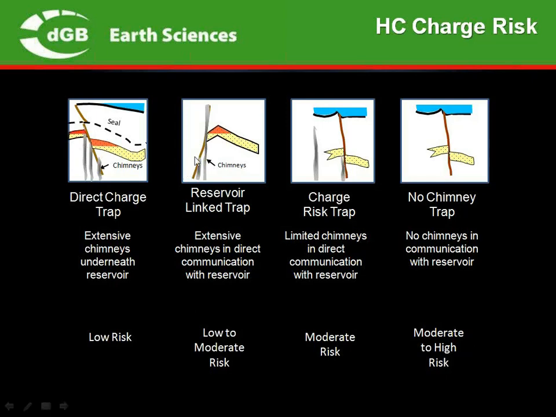Oftentimes too, we may see a reservoir that is linked to a chimney. Again, we can assign very low to maybe moderate risk for this type of hydrocarbon charge. The major issue is when we see minor chimneys associated with a reservoir or a lack of chimneys, we see moderate to higher risk for hydrocarbon charge.